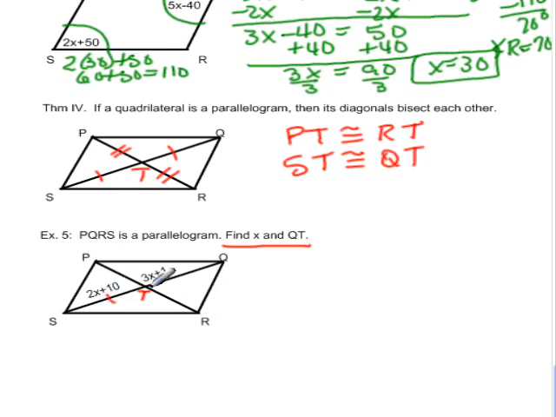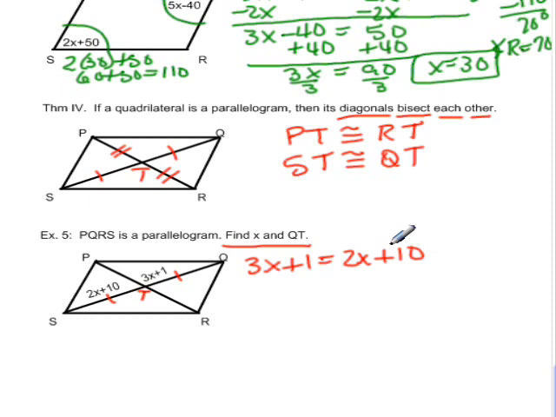Those would be equal to each other because our rule said that diagonals bisect each other. When you bisect something, it's like in science when you cut it in the middle to cut it open. Well, these bisect each other. They cut each other into two equal parts. So our problem looks like this: 3x plus 1 equals 2x plus 10.